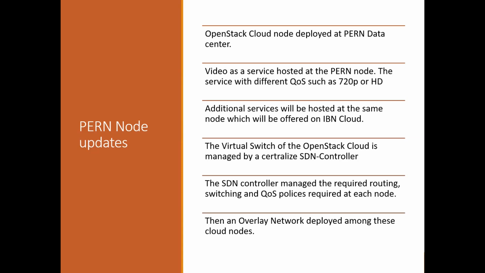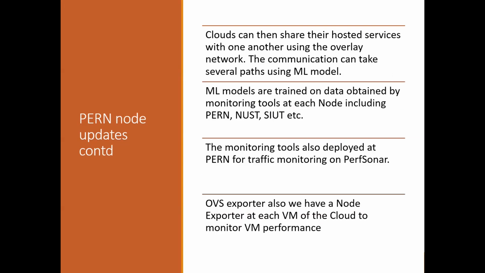Also, the HDL service can be hosted on that PAN node. The virtual switch is controlled by the SDN controller, and the routing and switching are also managed by the SDN controller. Above that, the overlay network has been built on these cloud nodes. The hosts on the cloud can then share their services with one another using the overlay network.